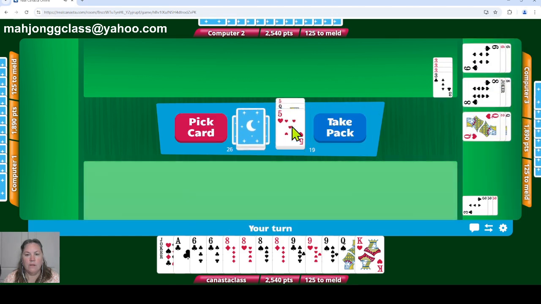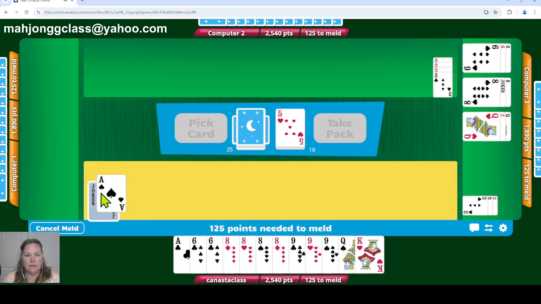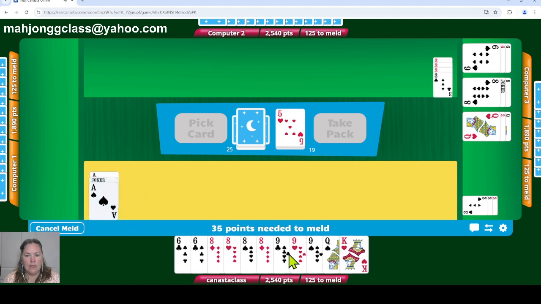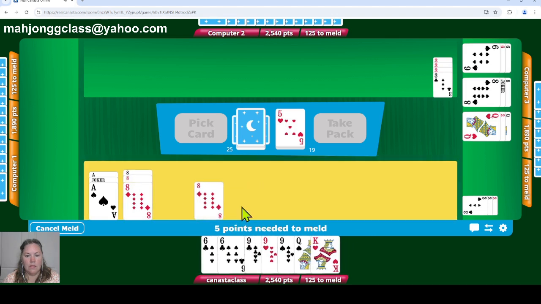A 5. I don't have a 5. So now I have to pick a card. I can open. Let's see, we have 50, 60, 70, 80, 90, 100, 10, 20, 30.